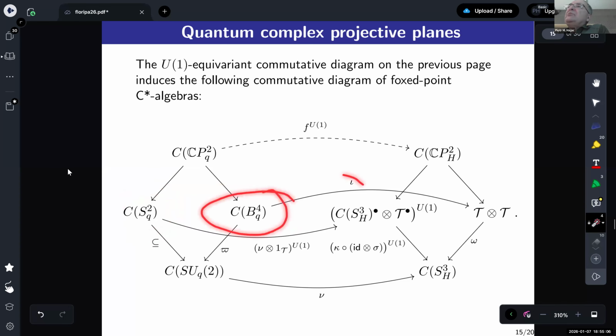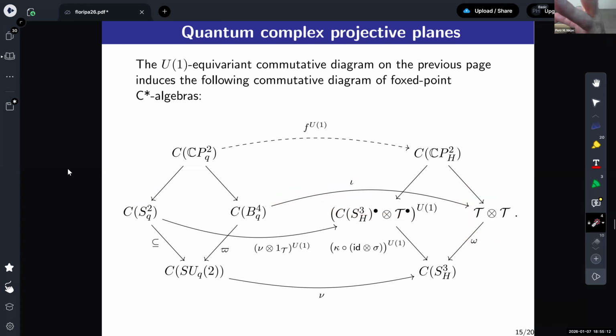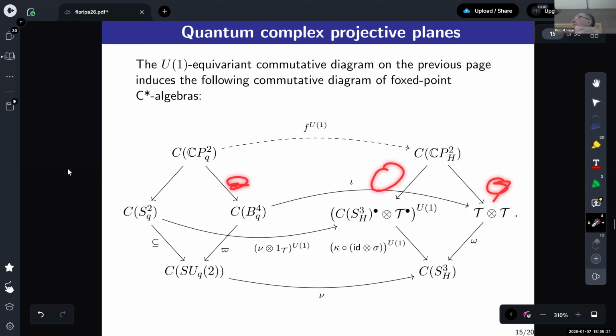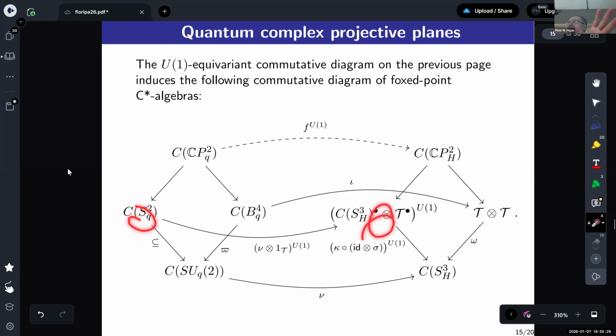But the Hong-Szymański quantum ball is a sister subalgebra of Toeplitz tensor Toeplitz, okay? So in both cases, when I'm writing 0, something, I'm either writing 0, something in here, not 0, or 0, something in there, also not 0, okay? But 0, I don't care if it's 0 in this mass or 0 in Podleś, doesn't matter, it's just 0.